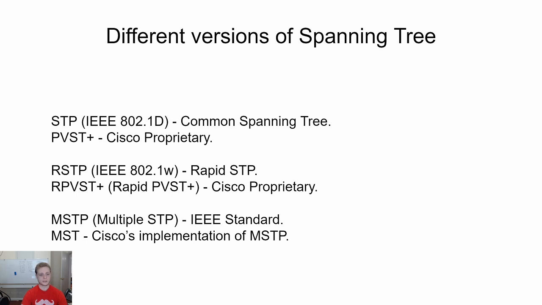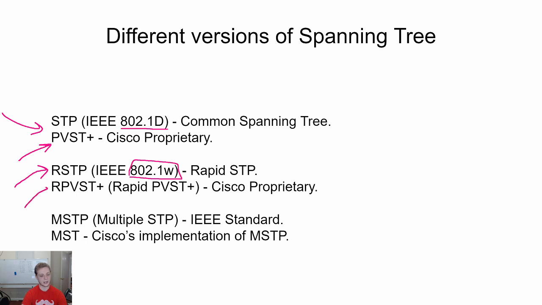So, some different versions of spanning tree that we'll talk about. The original common spanning tree is 802.1D. Then we also have PVST Plus, which is the Cisco proprietary version of common spanning tree. Then we also have rapid spanning tree, which is 802.1w.